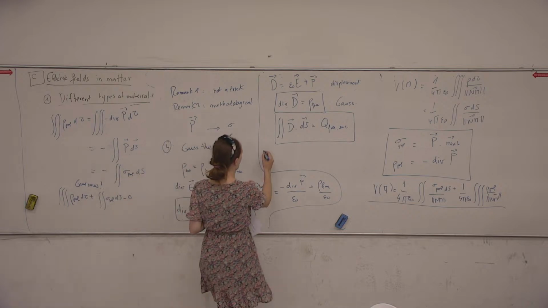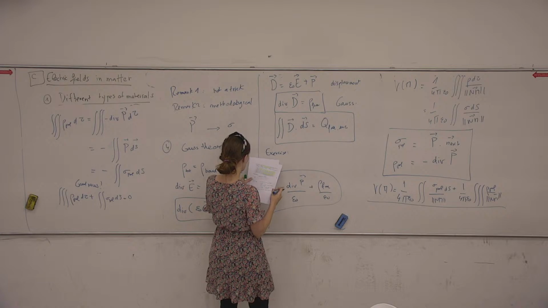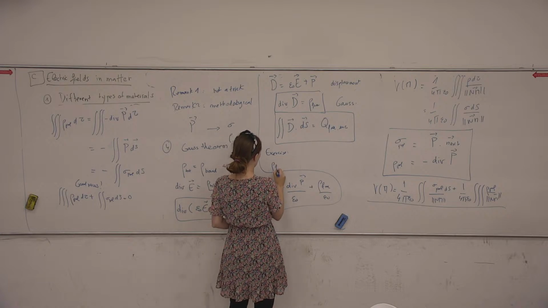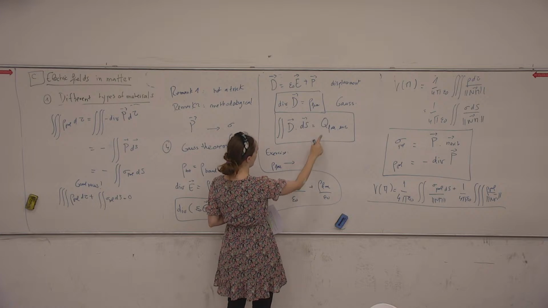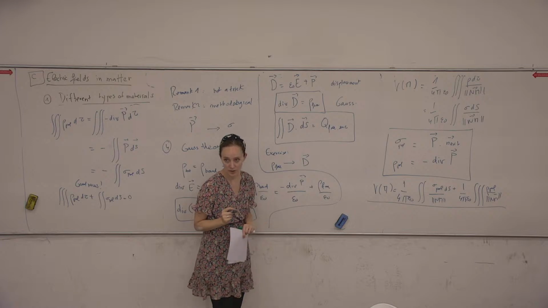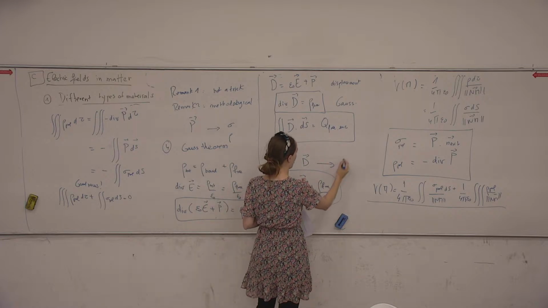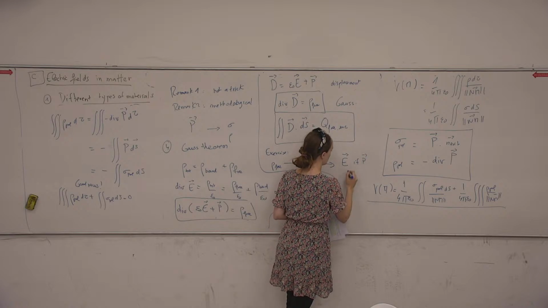Why? Because the way to solve exercises is going to be the following. You know rho free, and so from rho free you get D. And from D you get E if P is known.